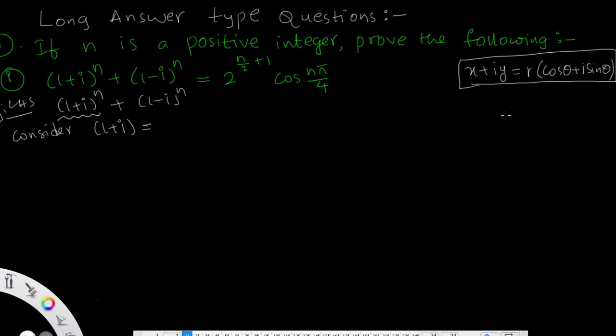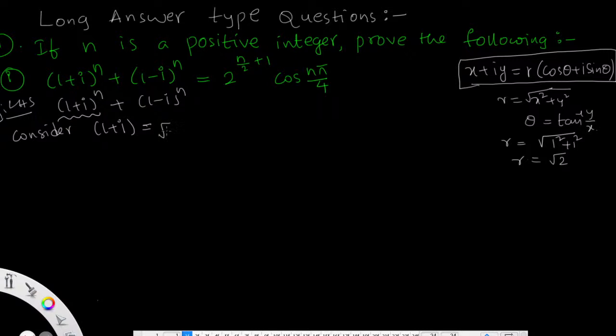So r is equal to root over x square plus y square, this is the modulus, and theta is tan inverse of y by x, this is the basic formula. Now first substitute r: root over 1 square plus 1 square. Don't write i square, only the coefficient, that is root 2. Therefore the modulus of 1 plus i is root 2.